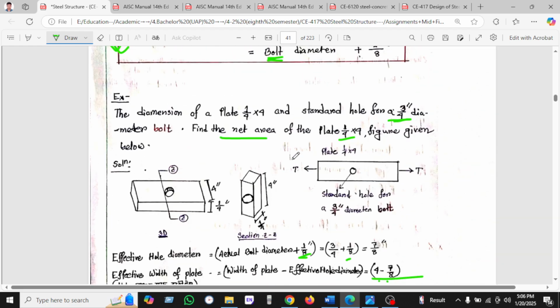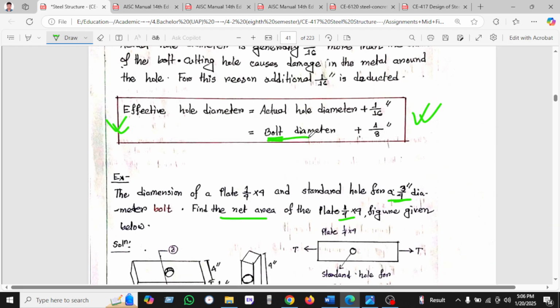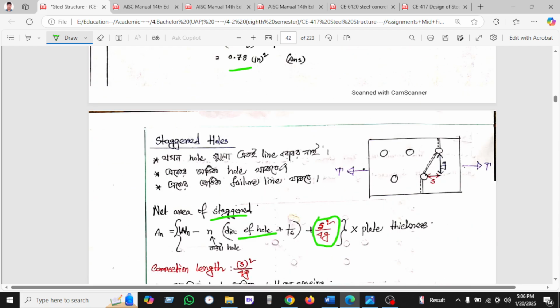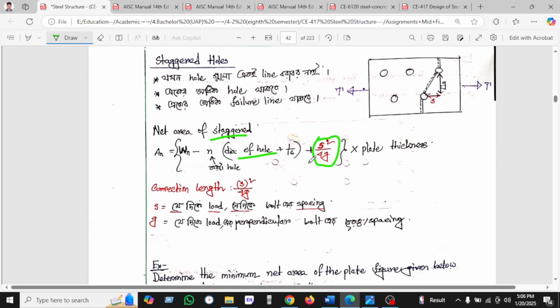If we take the bolt diameter, then we calculate by diameter plus 1/8. So there are no issues, plus s squared divided by 4g. This is the new term that comes with staggered holes. We have been seeing the staggered holes, which are not sequentially in a vertical line, and then the plate thickness. Okay, so we can see how we get the area: if we calculate the width and thickness, then we get the area.